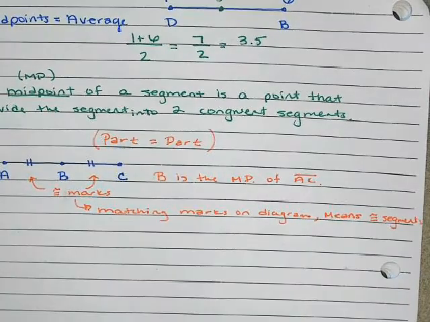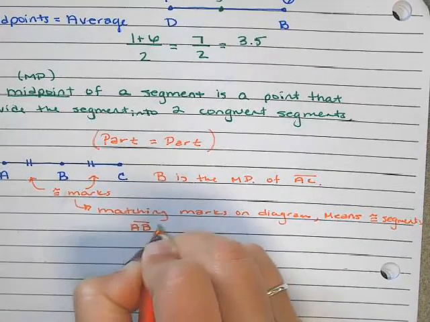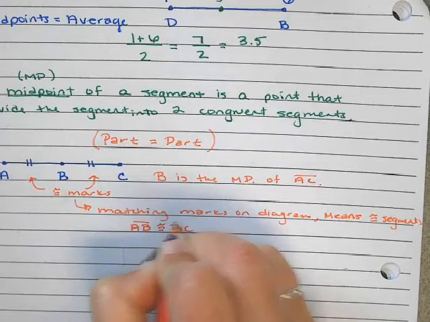Okay. So from here, I could look at that and say that AB must be congruent to BC, segment BC.